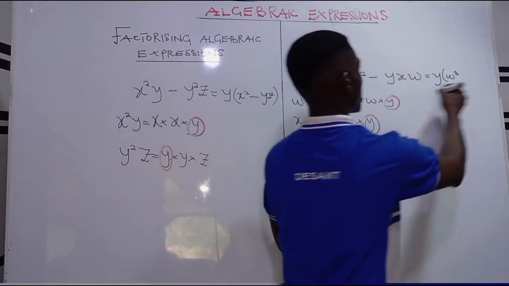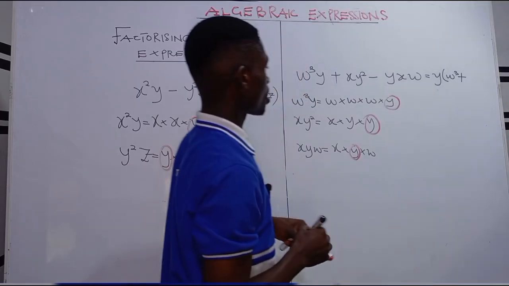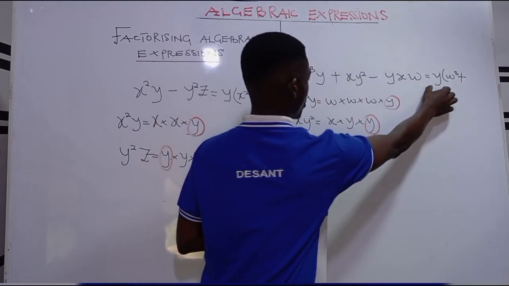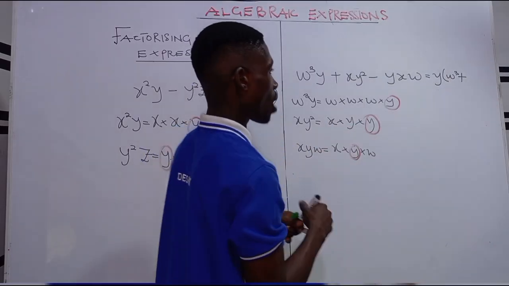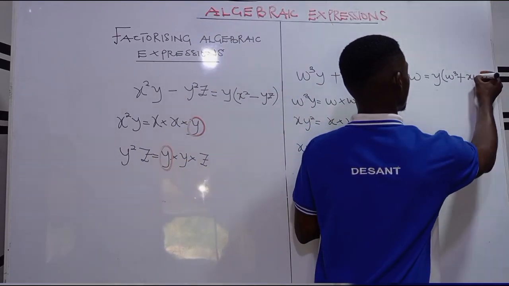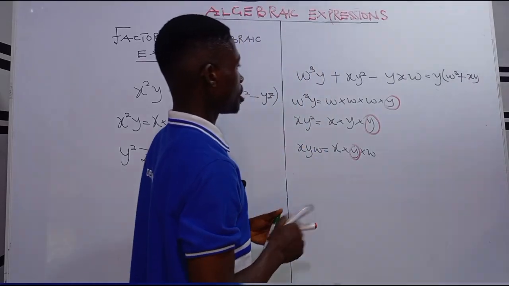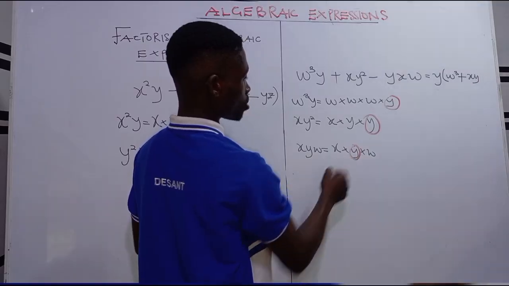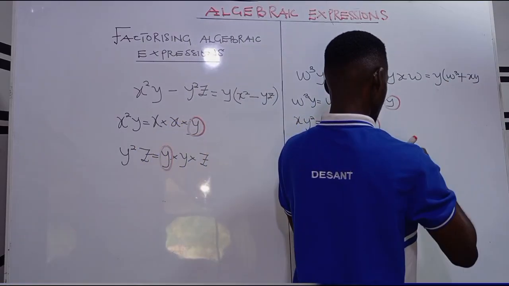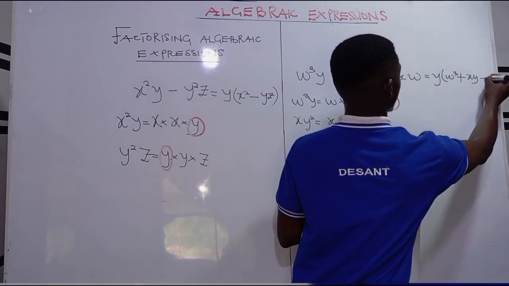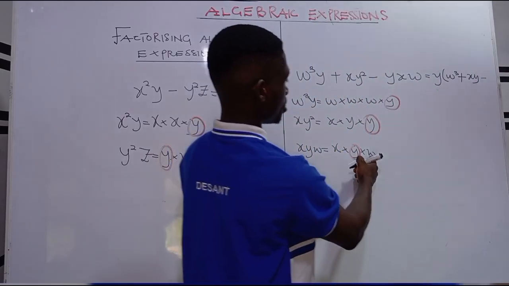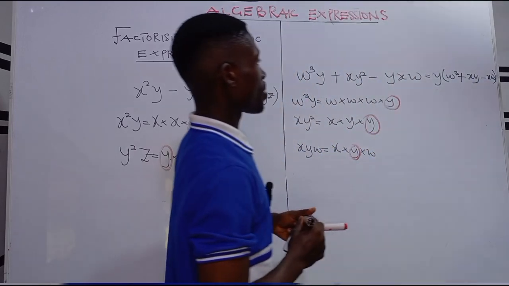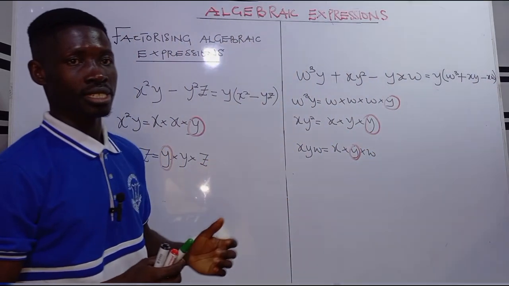Then plus. Moving on to the second term, after bringing this y out, we are left with x times y, and that gives us x y. Now the last term, after bringing this y out, we have minus, and we are left with x times w, which gives us x w. We are done. Very easy and simple.